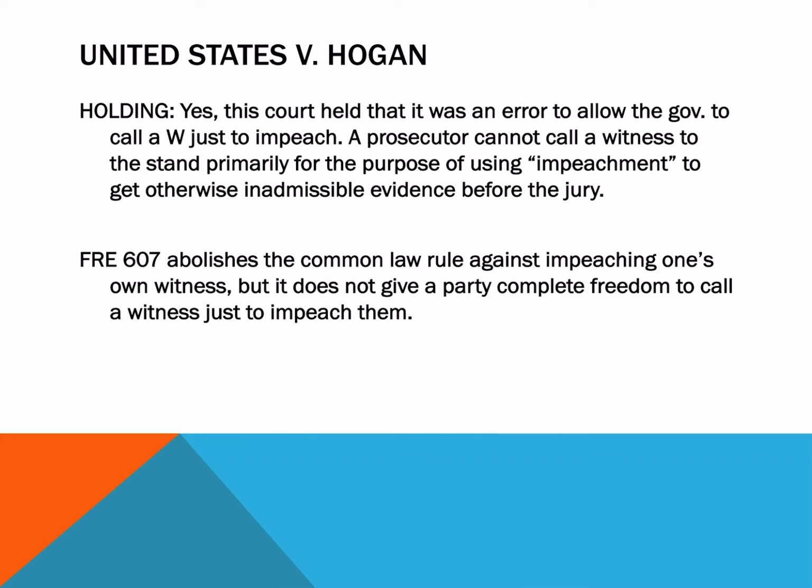Rule 607 abolishes the old common law rule against impeaching one's own witness, meaning that prior to Rule 607, you could not call a witness, and then if they said something that was inconsistent or something that you did not want, you weren't allowed to impeach your own witness, only the other party's witness. However, now you can. However, this rule does not give a party complete freedom to call a witness just for the purpose of impeaching them.